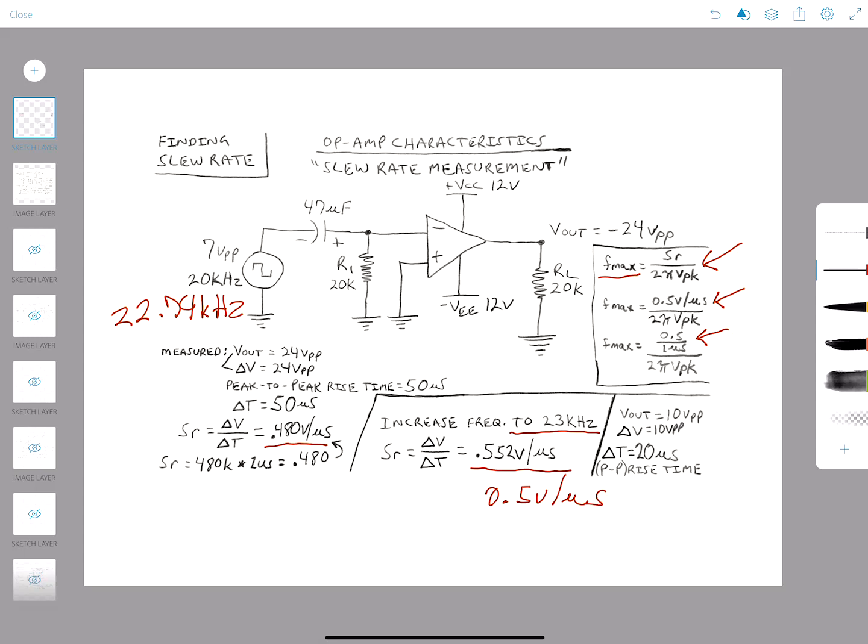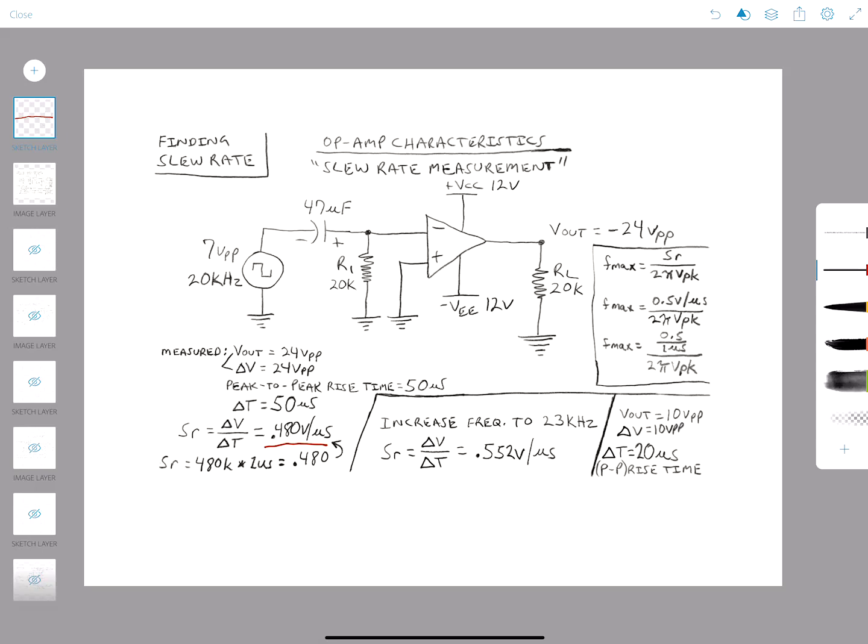If we start to go over this 0.5, then we can start to see attenuation on the output. You will have examples in the classroom to actually see how this functions on your circuits when we start using the oscilloscope and the function generator. Okay, so that is our slew rate.